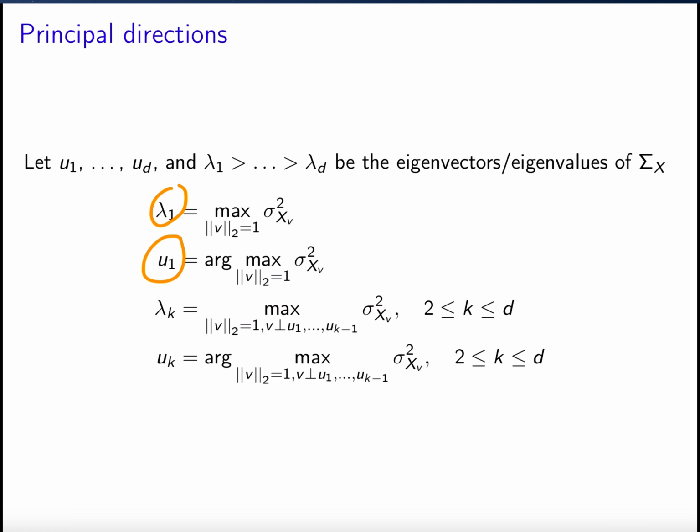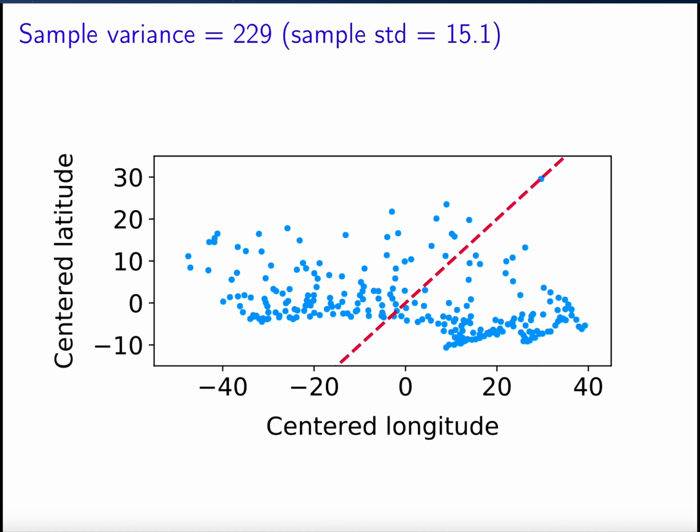If we're orthogonal to that first direction, then the maximum variance is going to be the second eigenvalue, and so on and so forth, so that if we're orthogonal to the first k-1 principal directions, the maximum variance is the kth eigenvalue, and that is attained in the direction of the kth eigenvector of the sample covariance matrix.